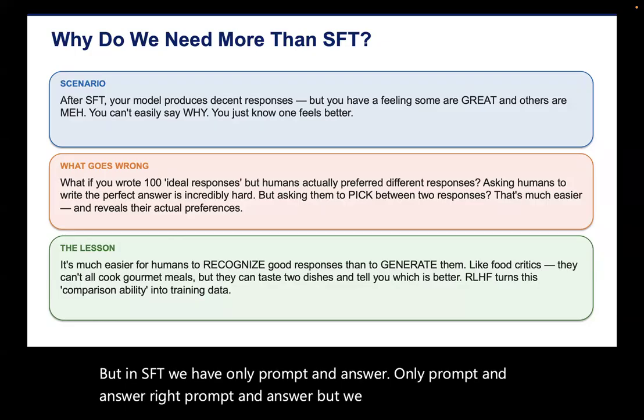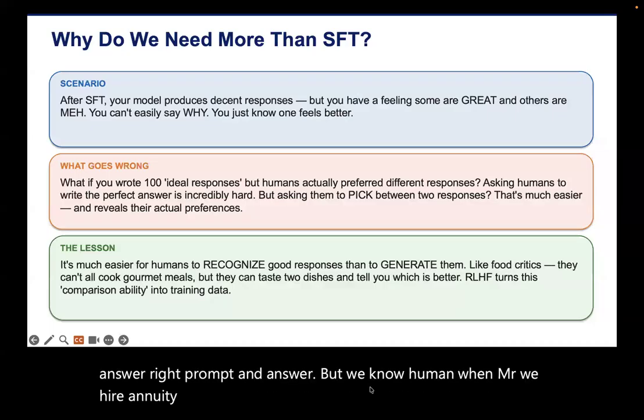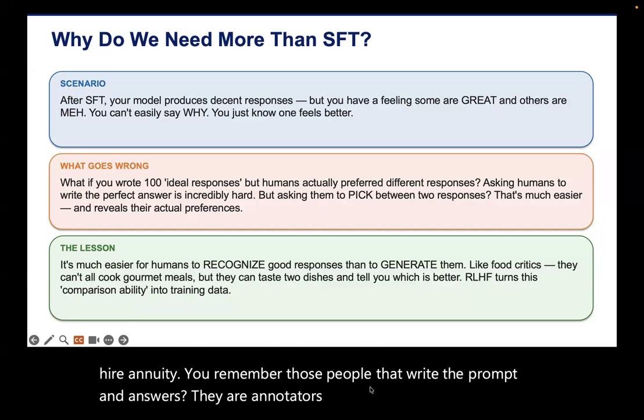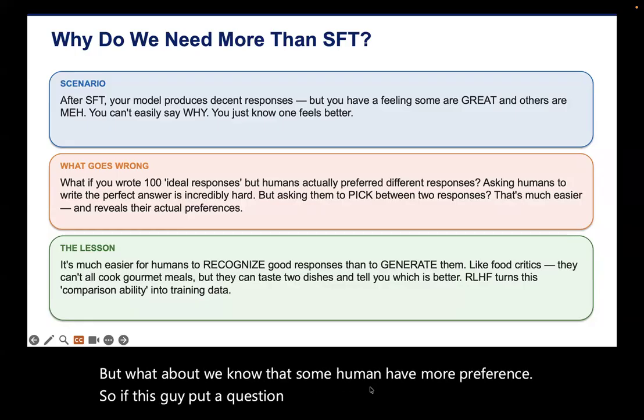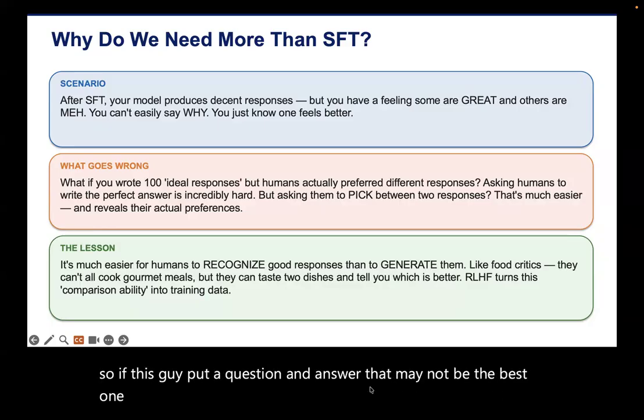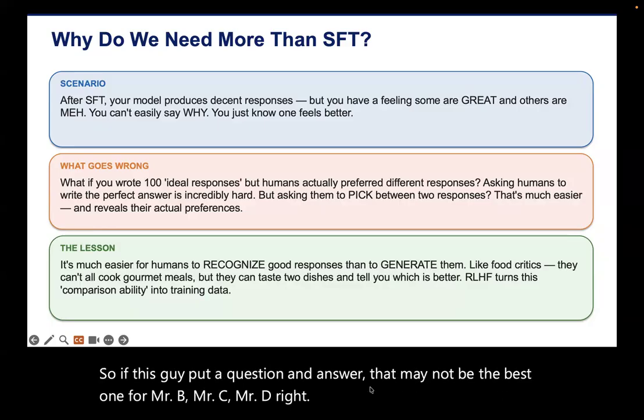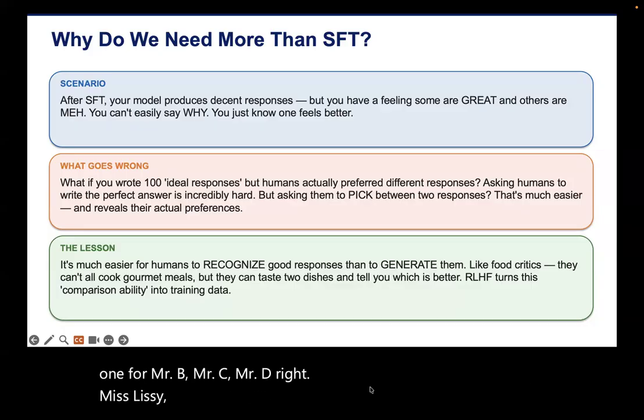But we know humans. When we hire annotators, you remember those people that write the prompts and answers, they are annotators like you. But we know that some humans have different preferences. So if this person puts a question and answer, that may not be the best one for Mr. B, Mr. C, Mr. D, right? Because it's just following one person's answer. It learned from one person.